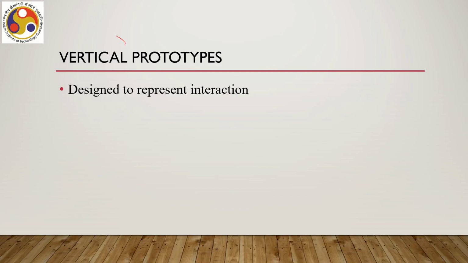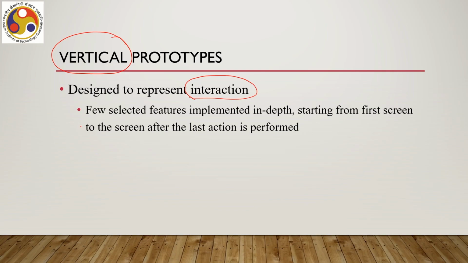Then the other category of prototype is vertical prototype. These are designed to represent interactions. In the horizontal prototype, primary purpose is to represent interfaces or their appearances. In vertical prototype, the primary purpose is to represent interactions or the functionalities. But one thing to be noted here is that we are talking of prototypes.